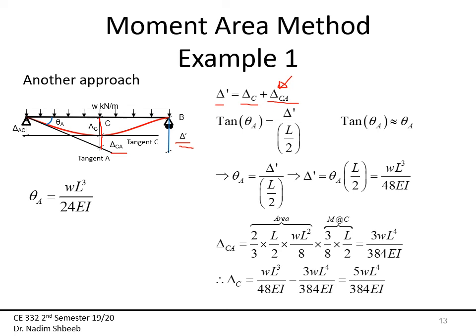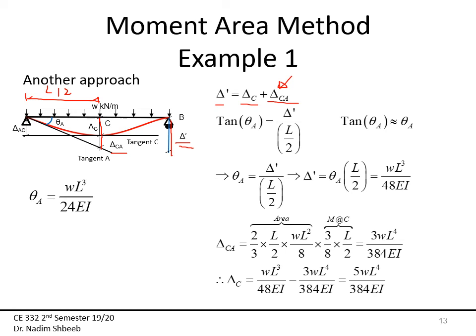Now delta prime, actually I can calculate using the tangent. Here tangent theta A is simply delta prime divided by L over 2, right? So if this is my length, L over 2, and that whole thing is delta prime, this distance right here, then tan of this angle is equal to delta prime divided by L over 2.